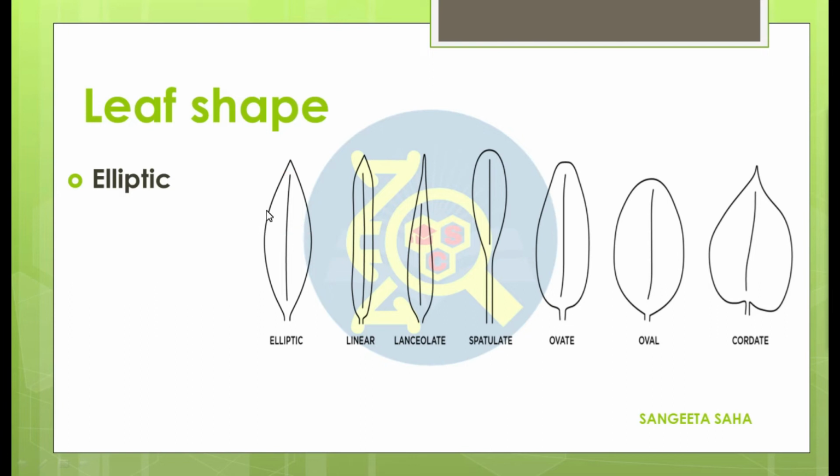Now coming to the next one, that is the linear. Here the leaves are long and narrow, with the sides being close to parallel to each other. That is why it is known as linear.